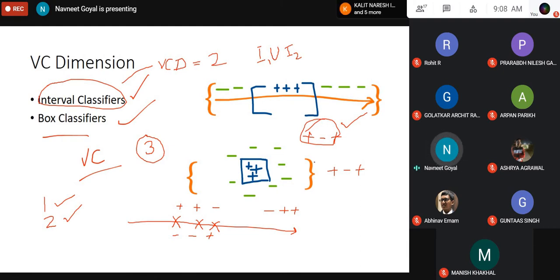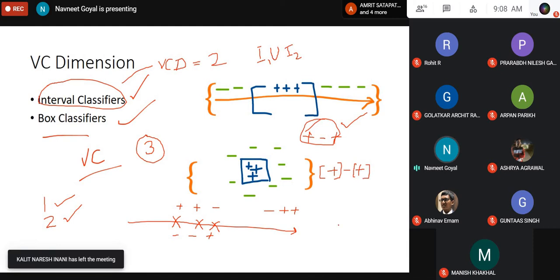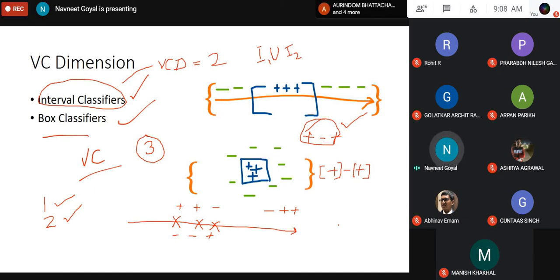All of you are able to follow this? So I construct one interval here, and construct another interval here. So am I able to shatter 3 points? Yes, because all other cases you were able to do it with one interval.